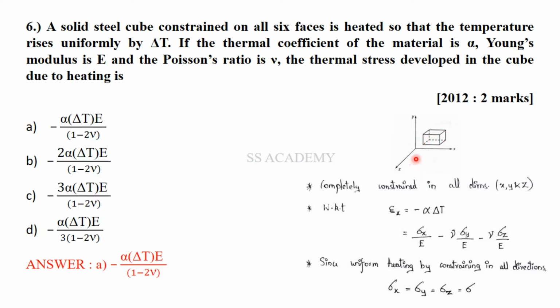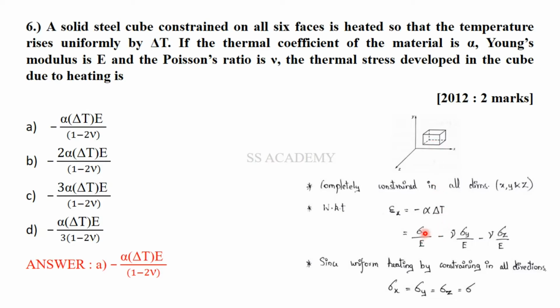Similarly, z direction's longitudinal strain will cause a lateral strain in x direction. So all these strains contribute towards the reaction in x direction. So we are considering the strains due to x direction longitudinal strain, y direction longitudinal strain and z direction longitudinal strain.